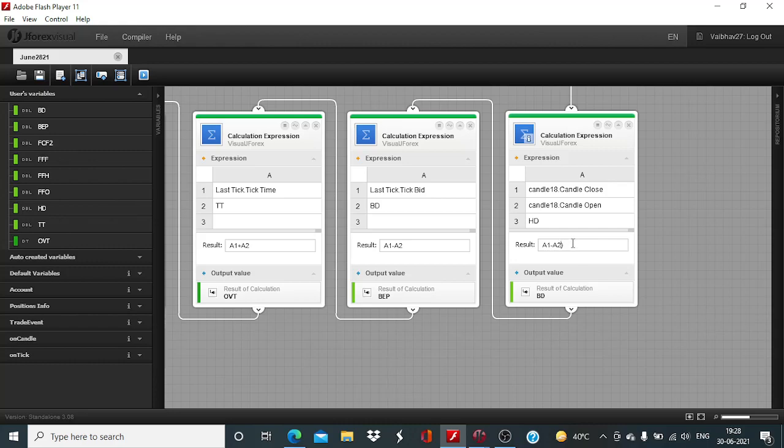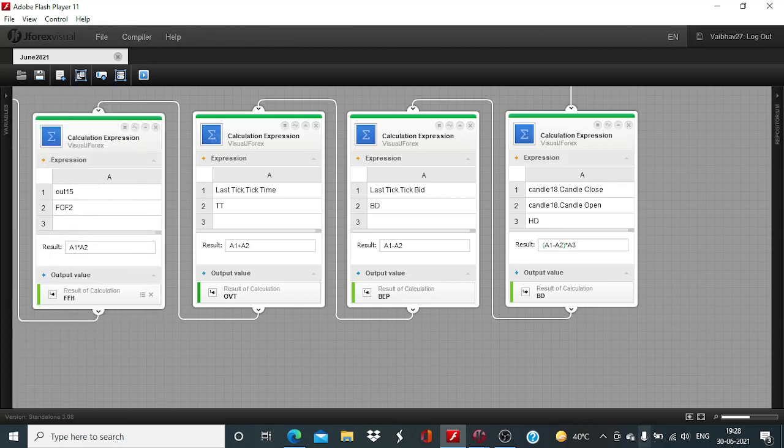And here we will take first the difference of the candle close and candle open, and after that we will multiply it with HD. Okay, so this is what I had missed out on.